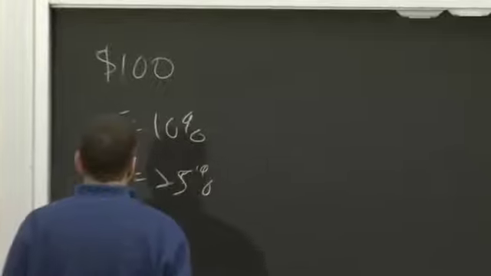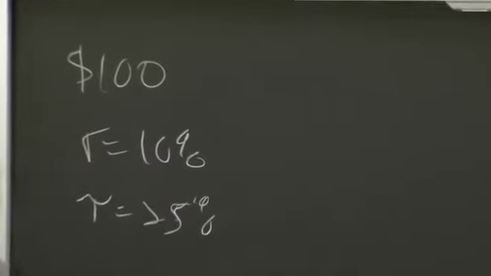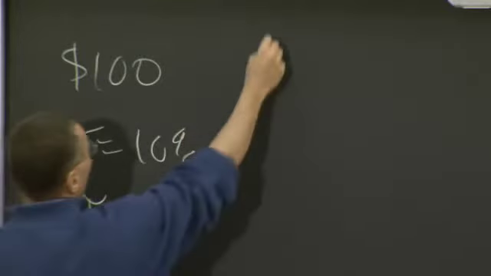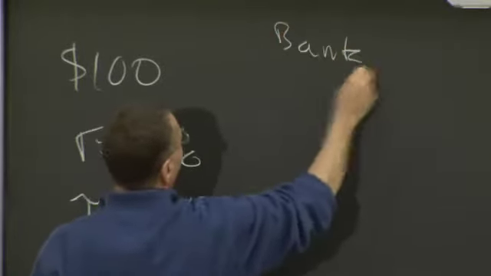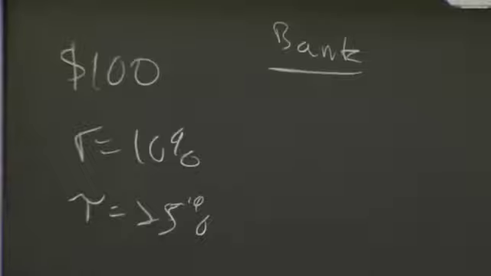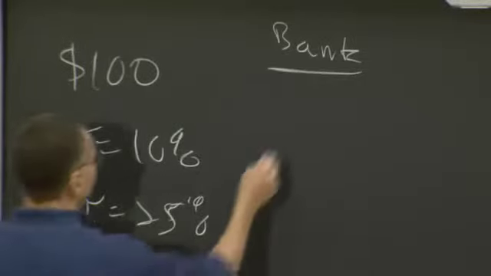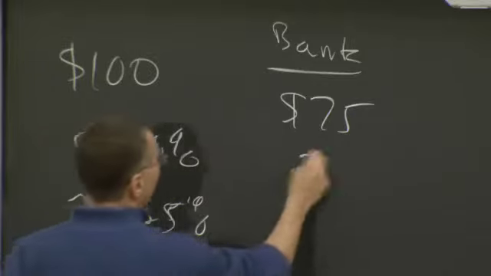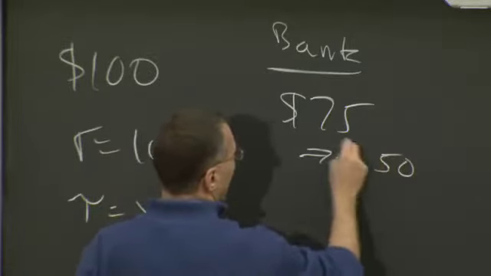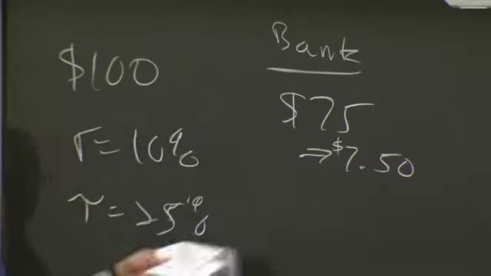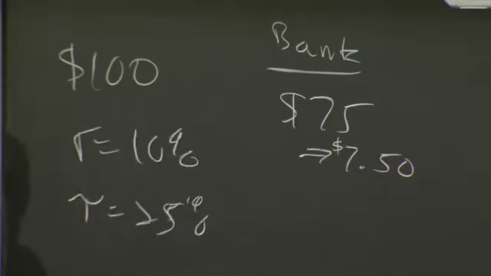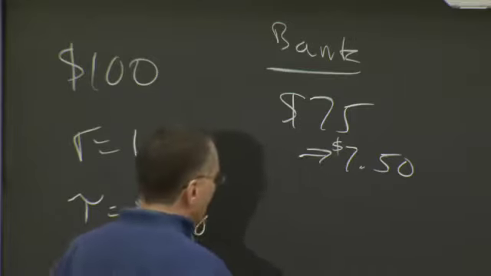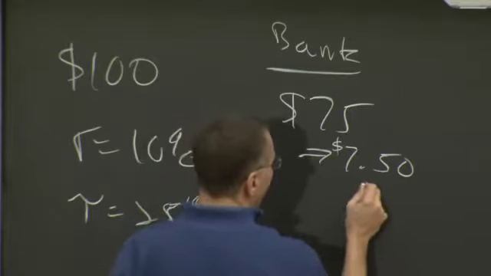Now, if he puts it in the bank, what happens? First of all, the $100 he gets is going to get taxed, so he's going to have $75 to put in the bank. That's going to yield $7.50 in interest after 1 year. But that interest will also be taxed. On that $7.50 of interest, he has to pay $1.88 in taxes.